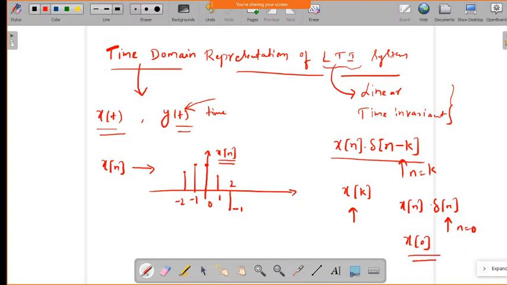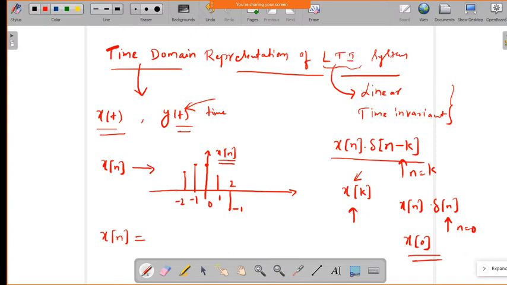Similarly, if you shift the impulse by some amount, when n becomes equal to k, you will get the corresponding arbitrary input signal. In the similar way, we can express x of n in terms of time shifted impulses, either negative or positive shifts.